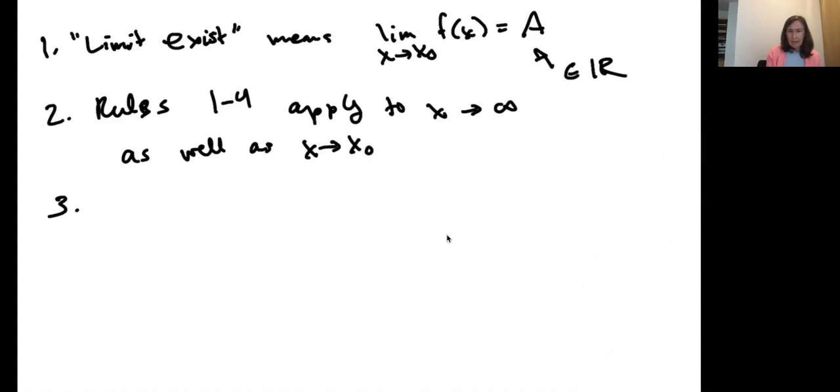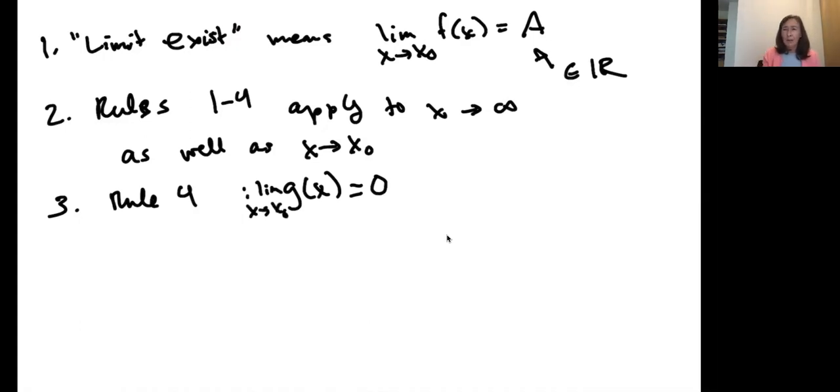I guess it's a comment on cases in Rule 4. The comment is that the limit of g of x goes to 0, often equals 0 at exactly the point we're interested in. Okay, when that is true, try to simplify. So let me just show this in an example, and that'll be the very last thing in this video.